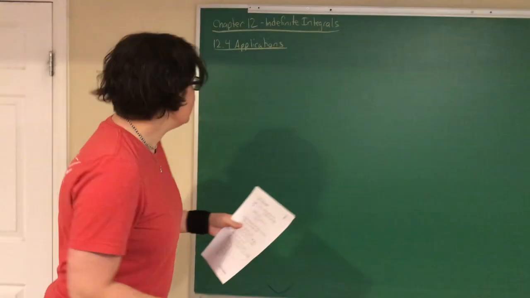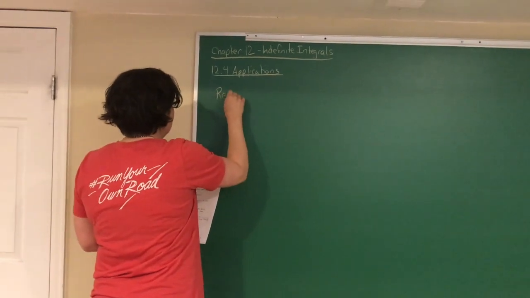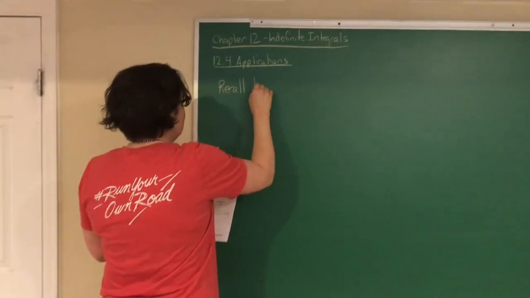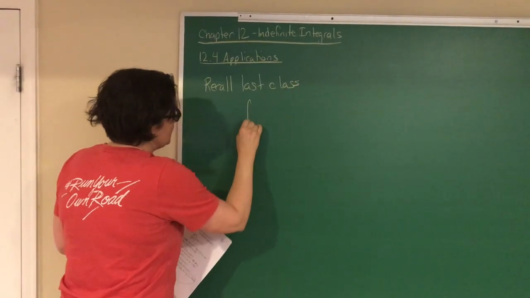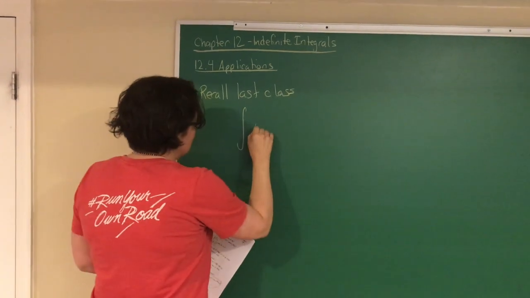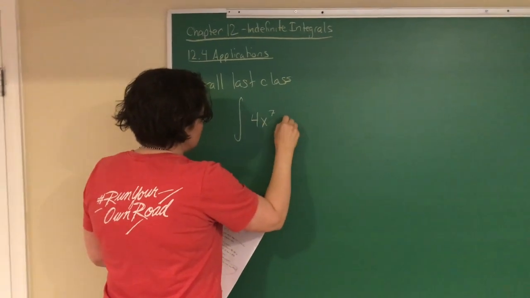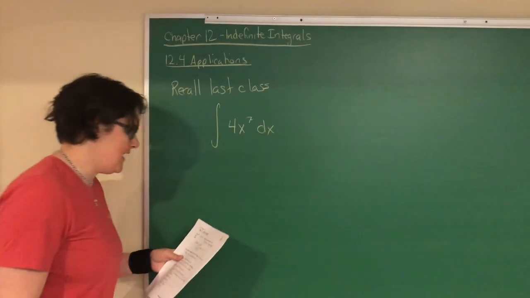Okay, so just as a reminder, in our last class, we talked about this long stretched out s, and then maybe we had a function in the middle, and then a dx at the end.